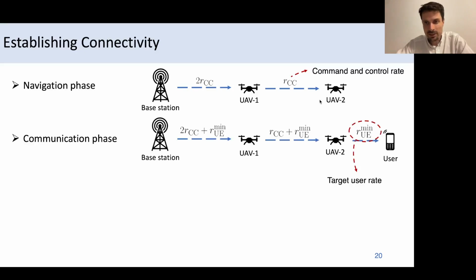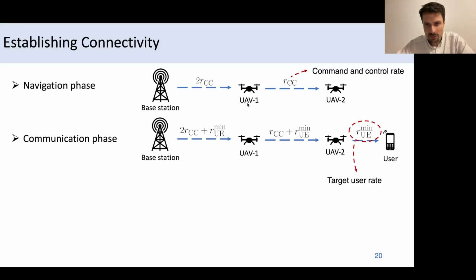And after they reach their destinations, they establish communication with the user. So they need to provide the user with this target rate. Therefore, this link needs to have at least RUE min, and the other 2 hops need to have the same capacity as before, plus this RUE min.